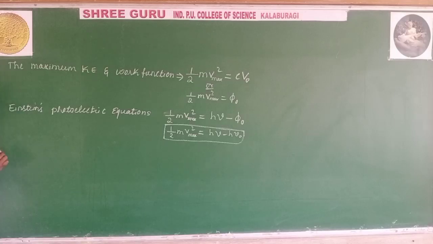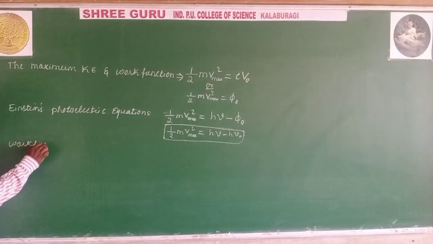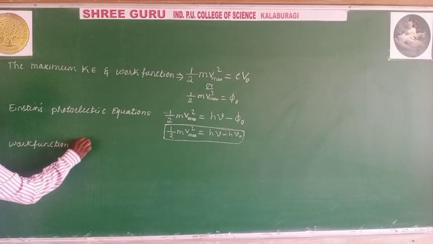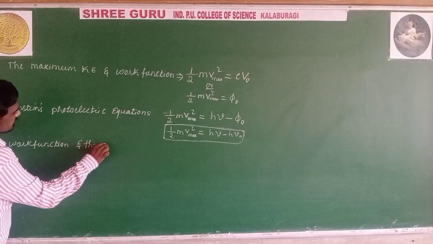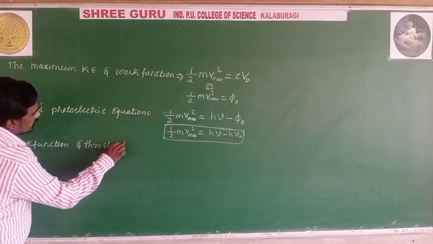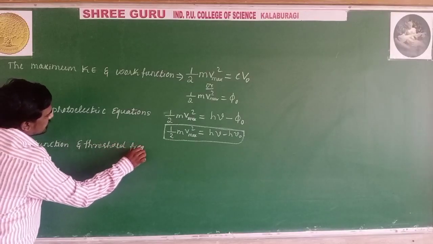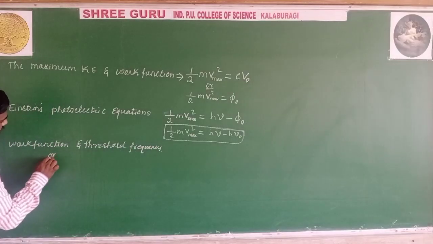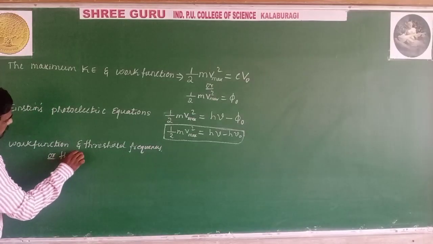And the third one: in the Einstein equation itself, one more relation we should consider is work function and threshold frequency or threshold wavelength.